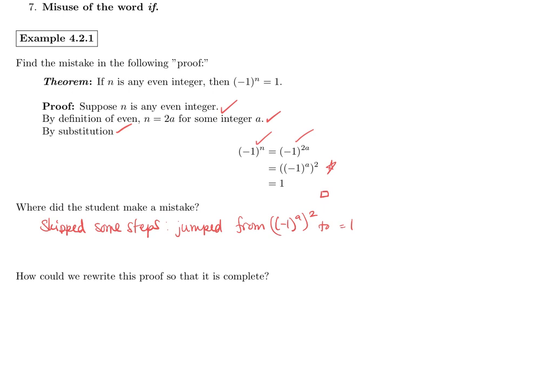It doesn't follow that -1 to the a is always going to be 1. And they didn't show then that -1 to the a, when it's squared, is going to be 1 for both even and odd. So they didn't show that (-1 to the a) squared is positive 1 for both even a and odd a.